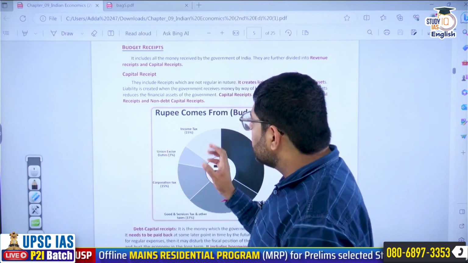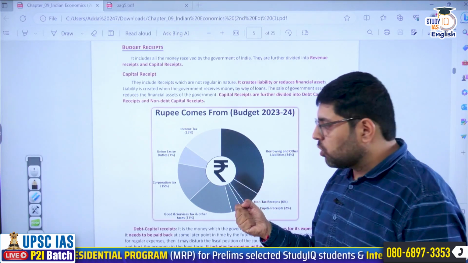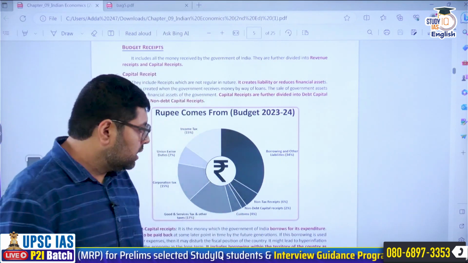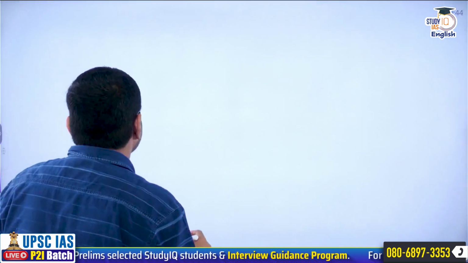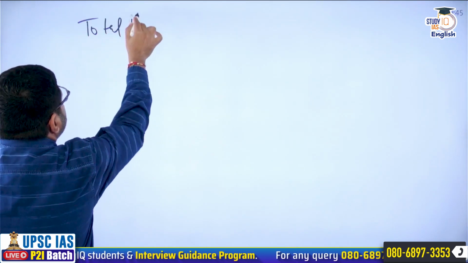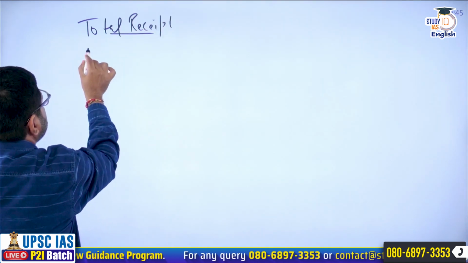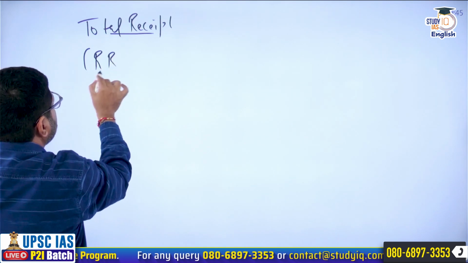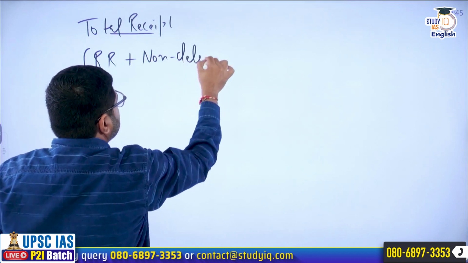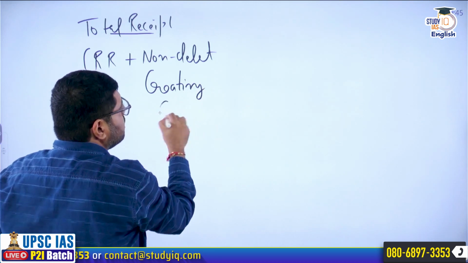Similarly, if you see the receipt part, you must know from which receipts we are getting money. I already told this in the component of budget video, but again I'll repeat it. The government of India's total receipt collection, when I say total receipt collection, I am talking about revenue receipt plus non-debt creating capital receipt.